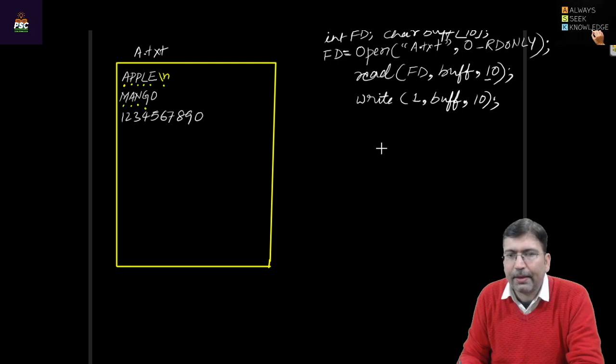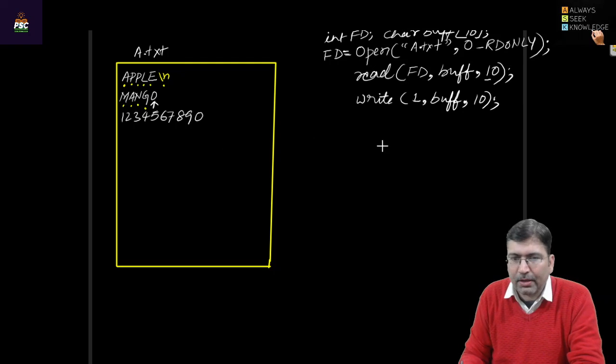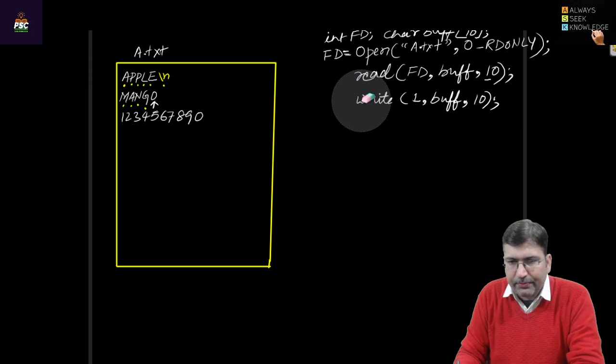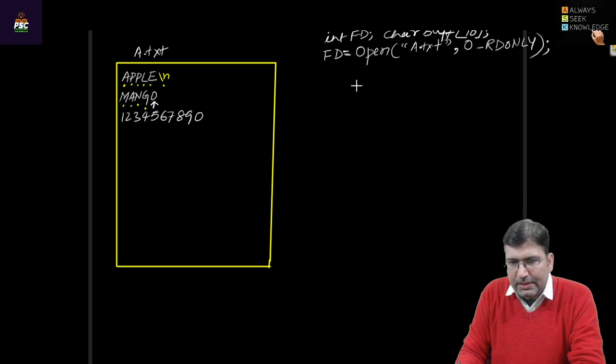on the screen. But let's say I don't want to do that, I want to read from the 11th character. This is the 11th character, and I want to read a further 10 characters. So before I start reading, I need to use lseek.